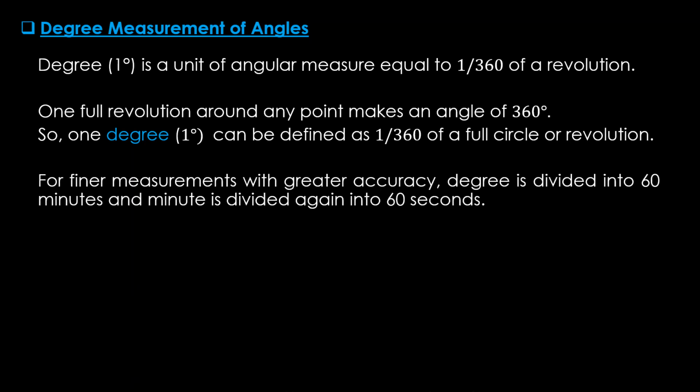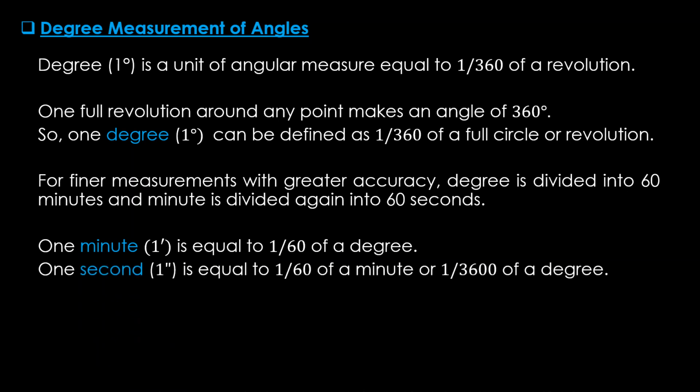For finer measurements with greater accuracy, a degree is divided into 60 minutes and a minute is divided again into 60 seconds. So this is a finer measurement of degree. So 1 minute is equal to 1/60 of a degree, and 1 second is equal to 1/60 of a minute, or 1/3600 of a degree.